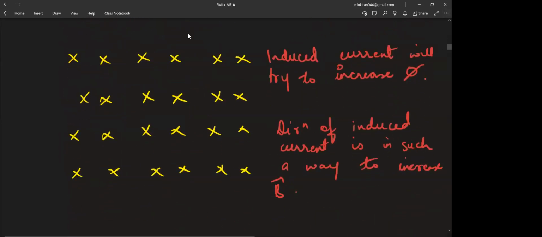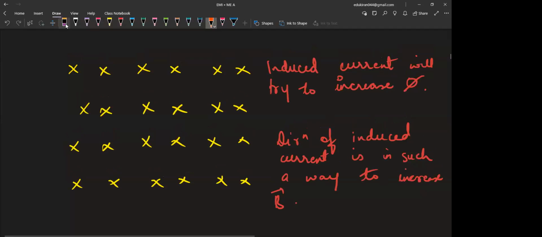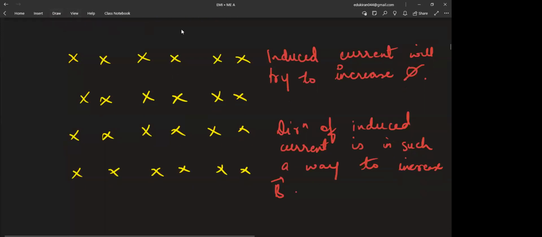Okay, now this is an example and a question from your textbook only. So we'll discuss this. Now see, there are two cases which are possible. Just wait a second.